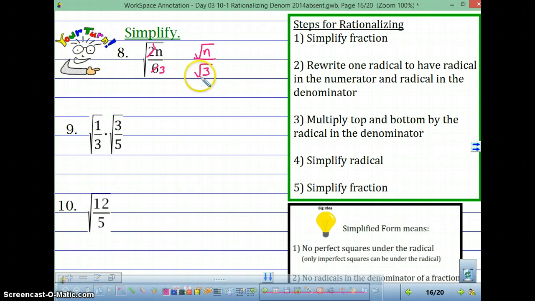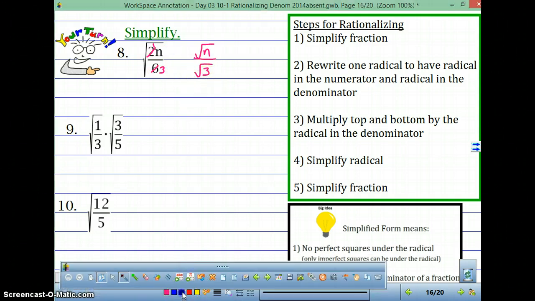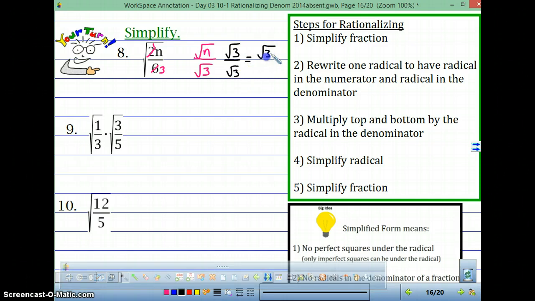We have to rationalize this denominator. Let's do it. Okay. We're going to multiply by 1, but we're going to write it as square root of 3 over square root of 3, which equals the square root of 3n over 3. Can we reduce this? No, because this one's under radical and this one's not. They don't match.